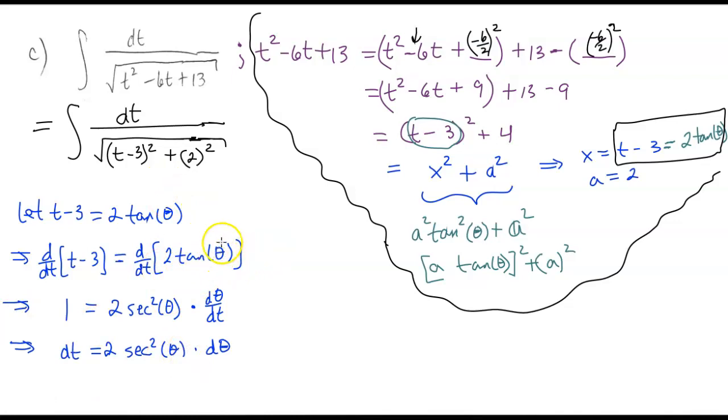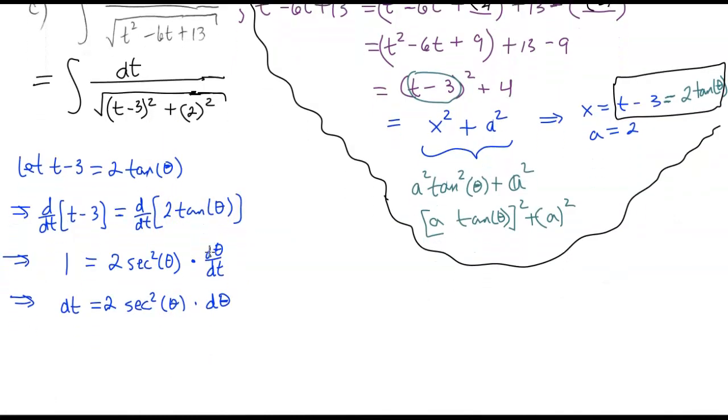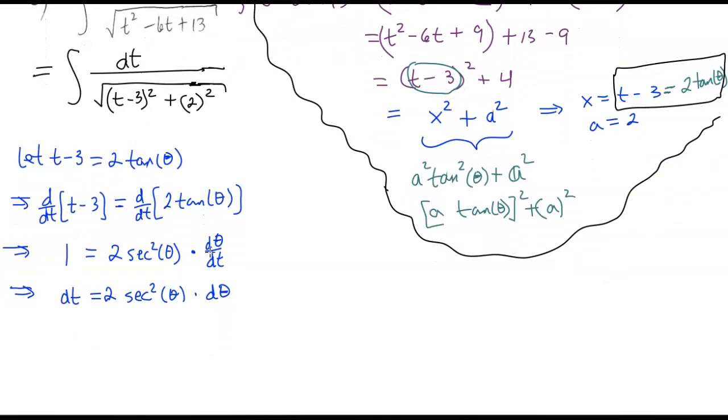And so now that we have all that in place, the last thing that we want to do here, and I'm going to do this in a different color as well, is let's go ahead and simplify what our denominator is going to be there. Okay. So again, if we replace t minus 3 here, I'm just going to replace t minus 3 with 2 times tangent theta.